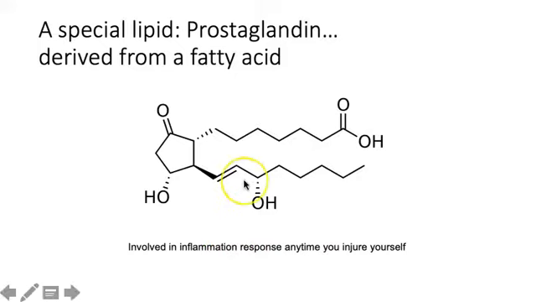And we're not going to talk too much about this, but you certainly will talk about it in A&P. You'll probably talk about the cascade that results in the production of this when you injure yourself. And just interestingly, this is one of the things that aspirin and ibuprofen and such interfere with, the production of this lipid.